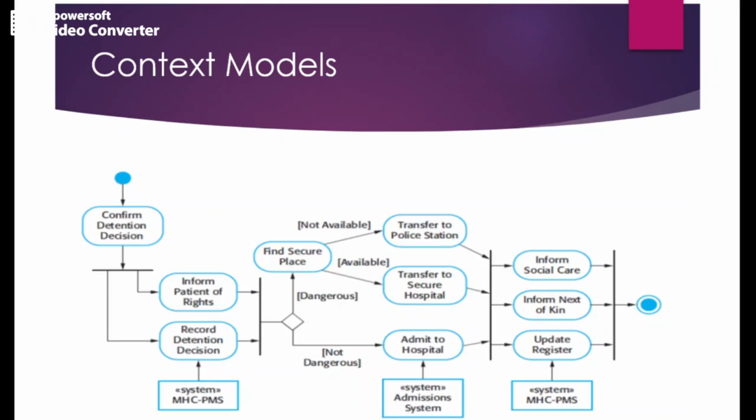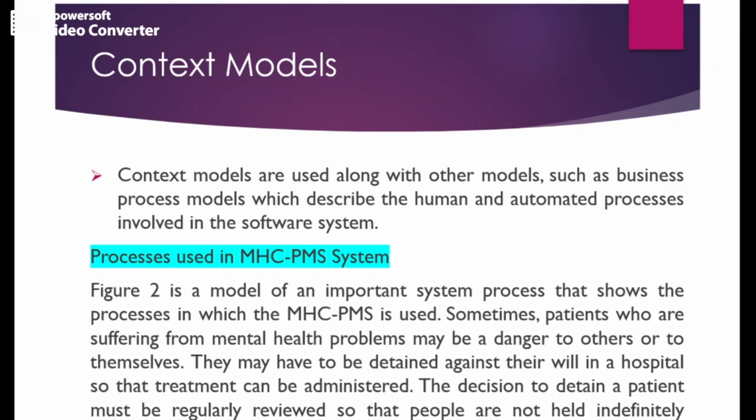So that's why we have this process model of involuntary detention. We have to detain such patients and put them into a hospital for treatment. So all this should be administered. The decision to detain a patient must be regularly reviewed so that people are not held indefinitely without good reason.